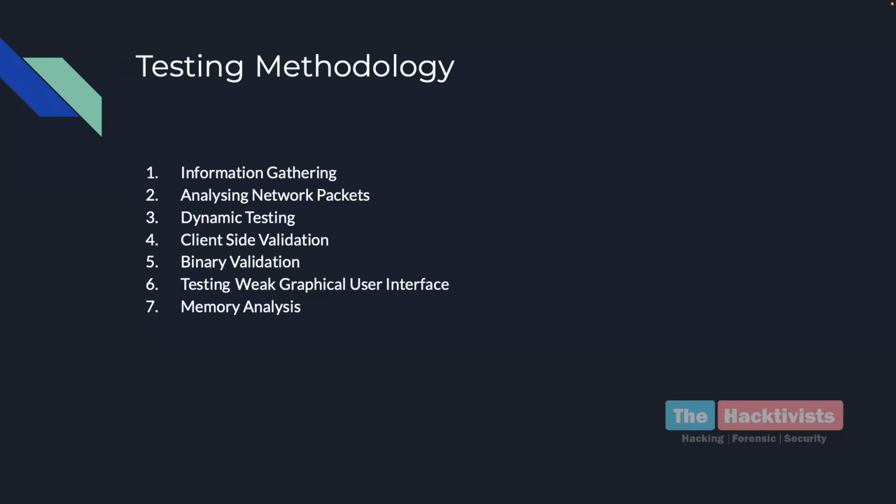Then we'll be doing the binary validation. In this scenario, we'll be validating how the code or the dump of that particular process will look whenever we execute the code within the application. Normally it will be requesting some specific DLL files within our system.